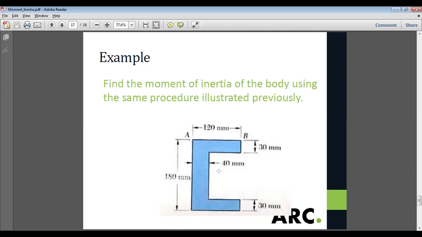The left portion has more area to cover and the right portion has less area. 120, that is 60, and 40. So we'll see the whole column falls on the left side of the vertical axis.